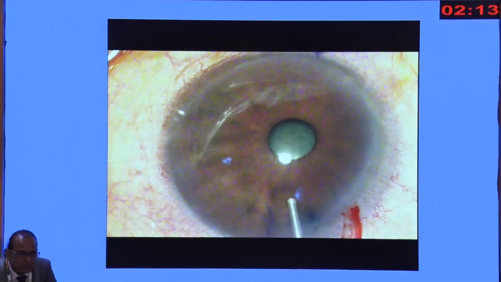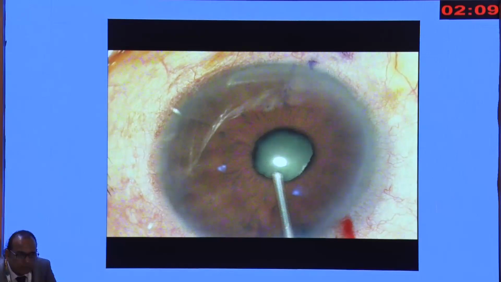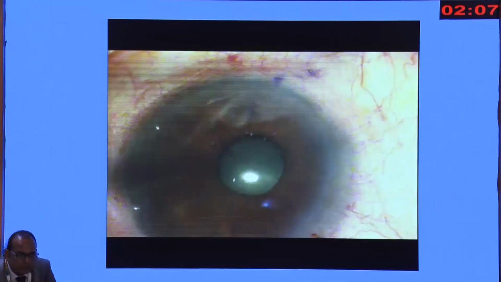After making the ports, the viscoelastic is injected and a Malyugin ring is used to dilate the pupil to 6 mm.